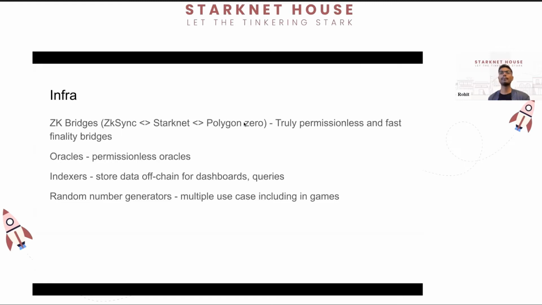As a result, you can build better bridges, which are truly permissionless. It doesn't require any kind of multi-sig. They are fast finality bridges because you are not relying on any kind of finality, you are completely relying on math. And as a result, you can create better multi-chain applications without dealing with latency and these kinds of issues.